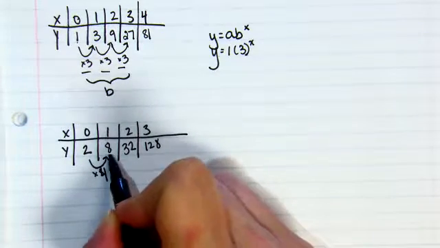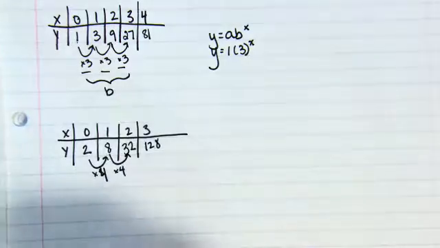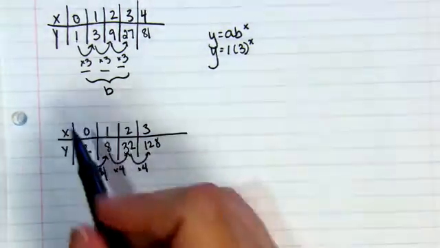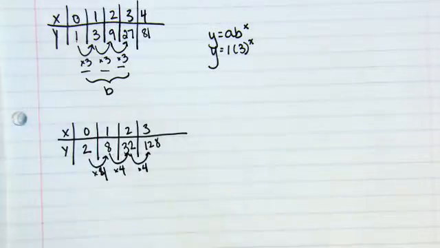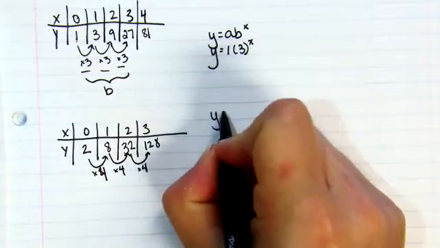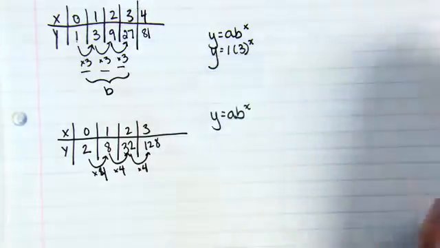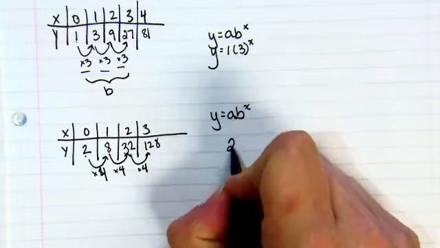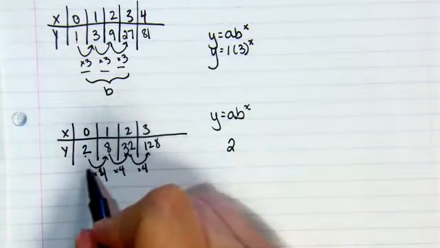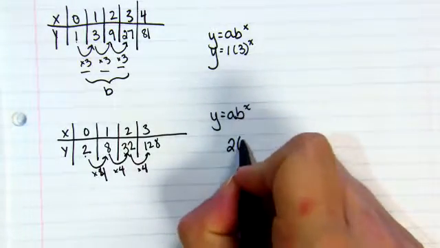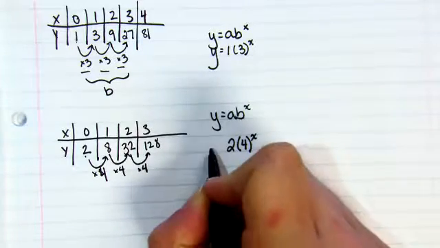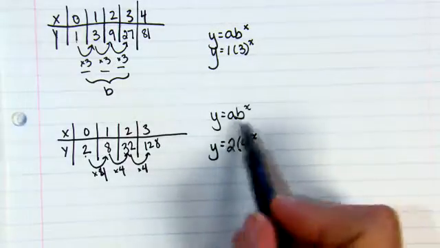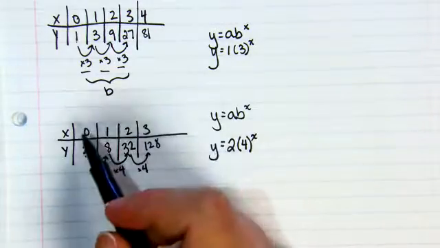Oops, times 4. 8 times 4 is 32. 32 times 4 is 128. So I'm multiplying by 4 each time. That means with my function ab to the x, my starting point is (0, 2), so I put in 2 for a, and the repeated multiplication is times 4, so b is 4. So that is how I'm going to write an exponential function based on a table.